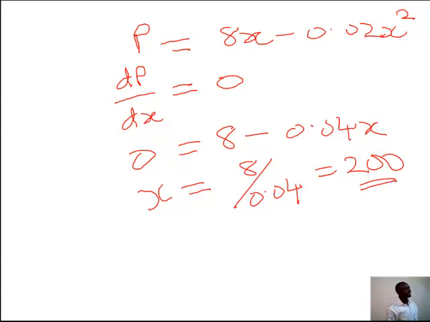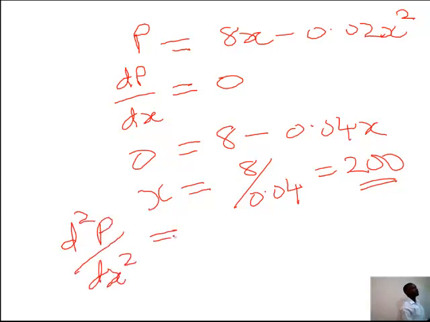Now the question is, how sure am I that this is a maximum value that I'm looking for? In order to get that, we find the second derivative, d squared P over dx squared. What will be the value? It is going to be 0 minus 0.04. Now, is this greater than 0?